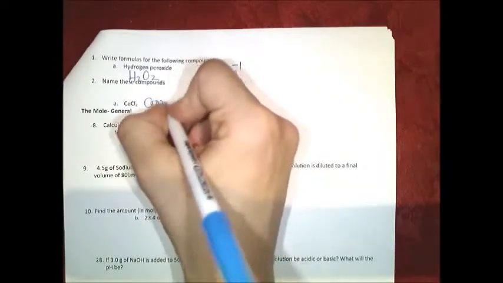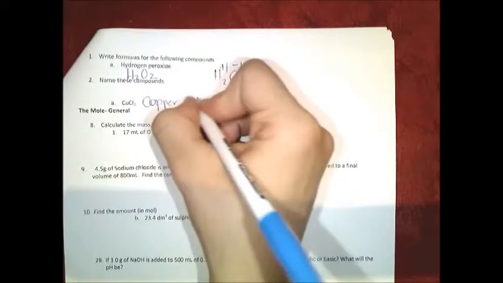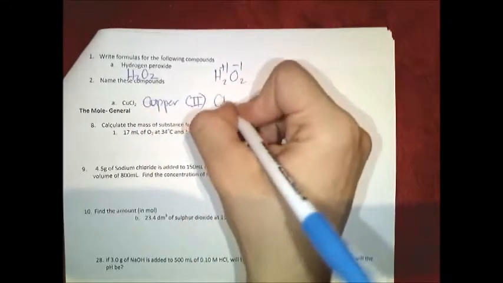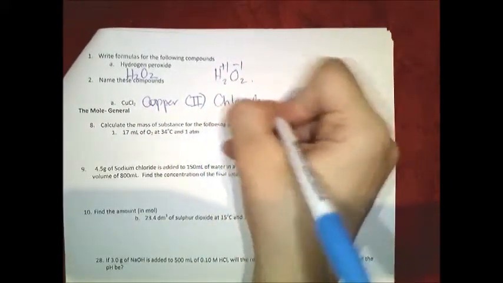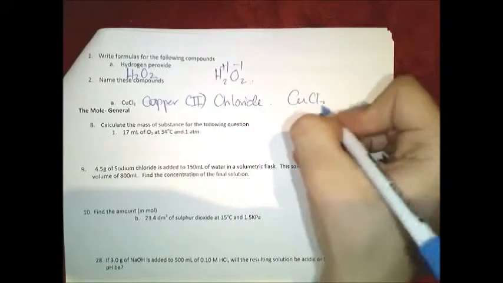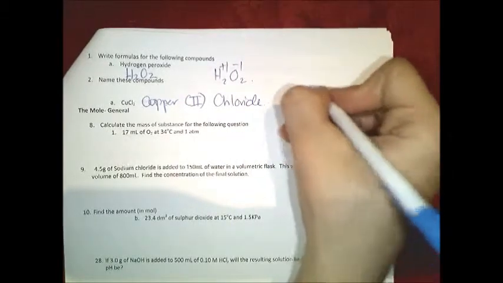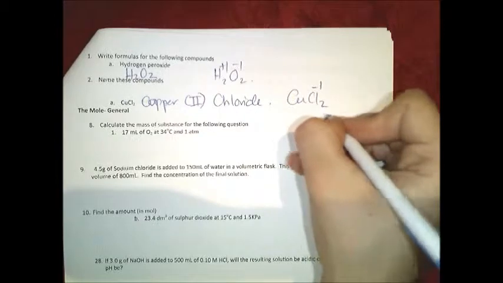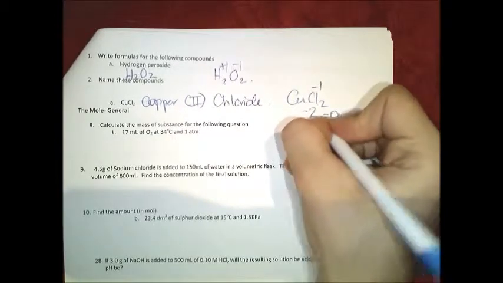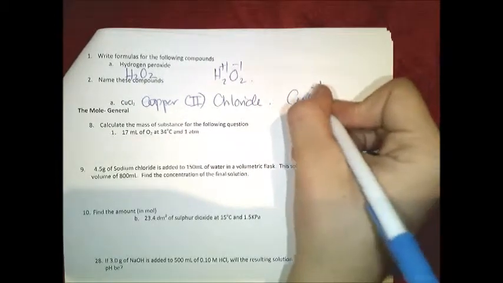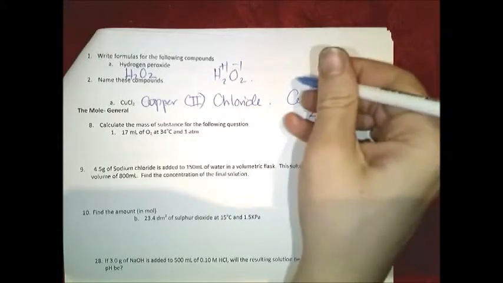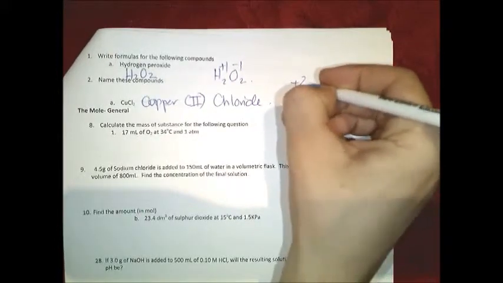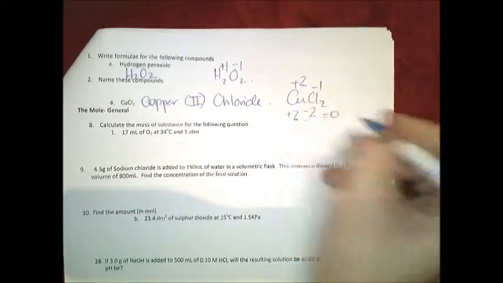Now naming it, we do copper, but because it's a transition metal, we write copper(II) chloride. And let's do some more oxidation numbers. If this is -1, giving us a total of 0, there are 2 Cl's with a -1, giving us a -2, so copper has to be a +2.